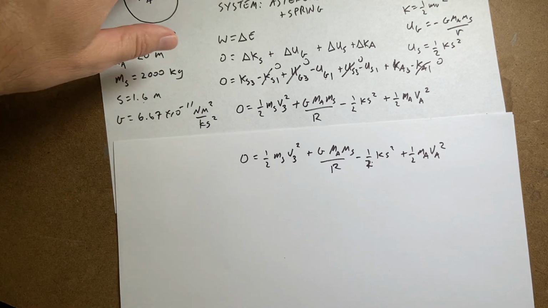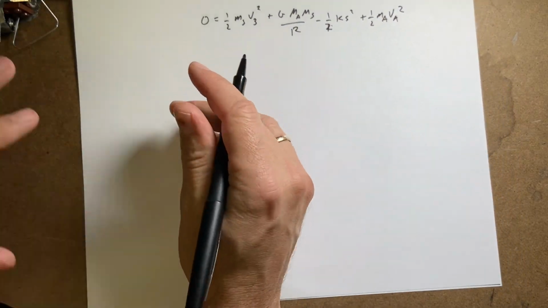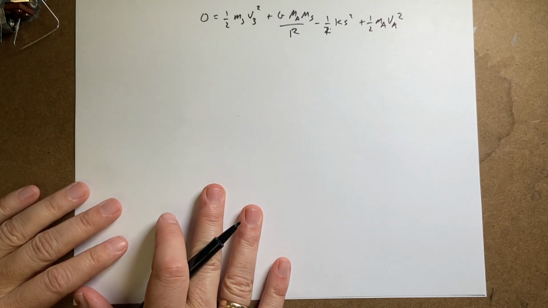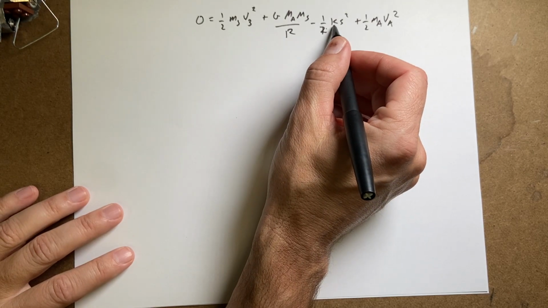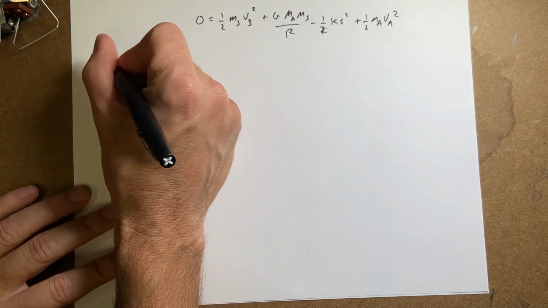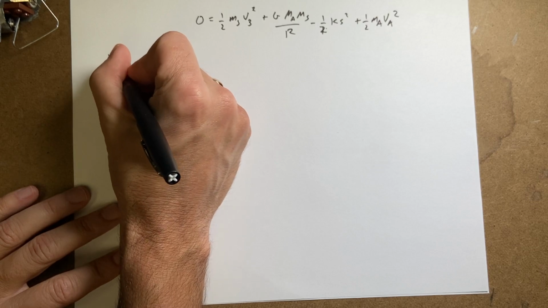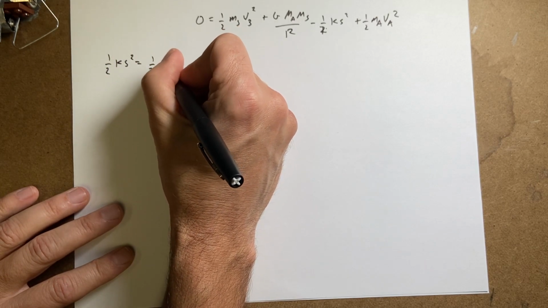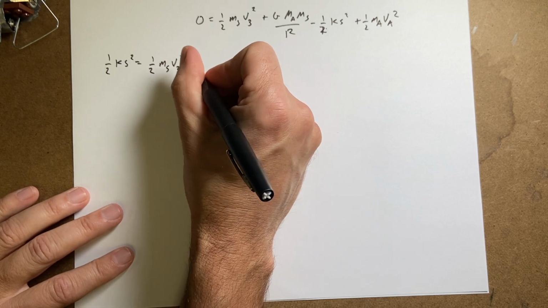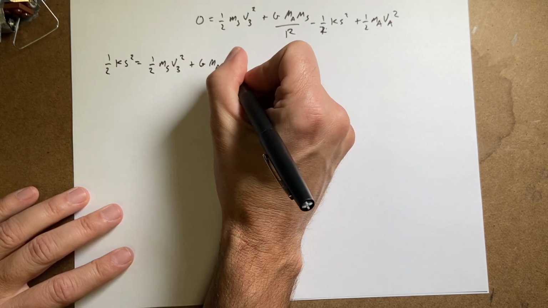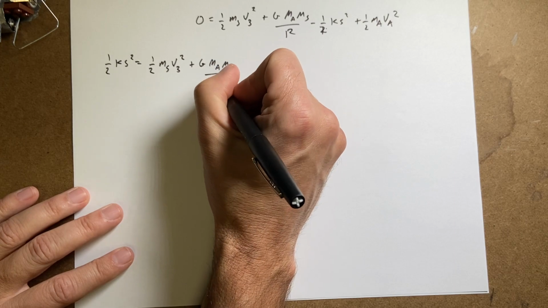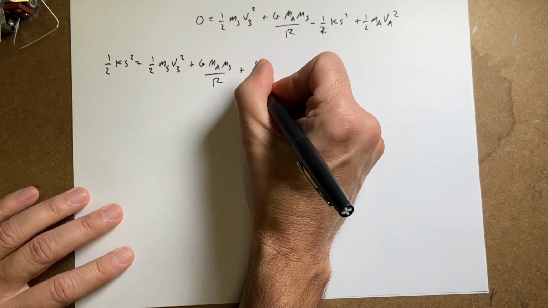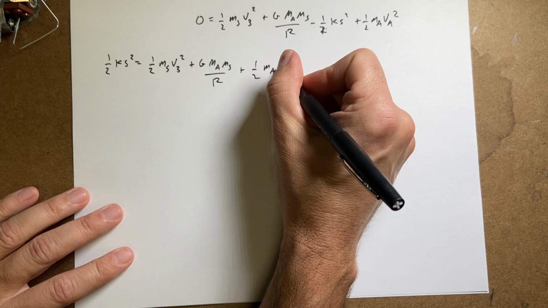And now I know what va is. I want to solve for this k term, so I'm going to add this to both sides. I get 1/2 ks squared equals 1/2 ms v3 squared plus G ma ms over r plus 1/2 ma va squared.